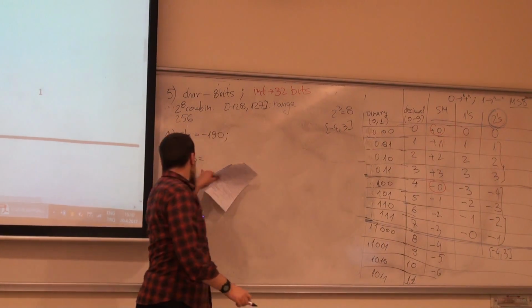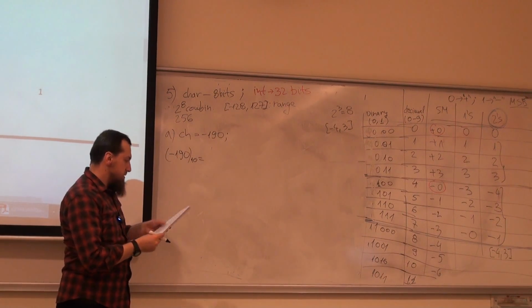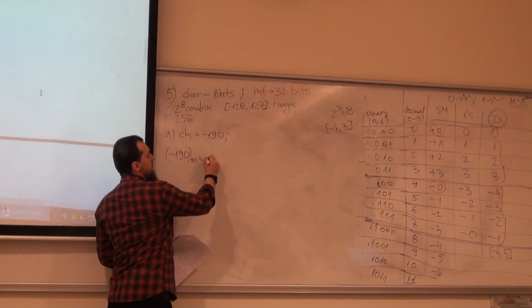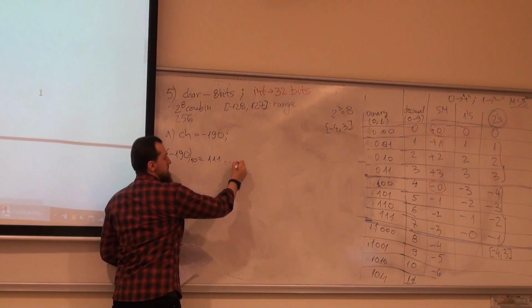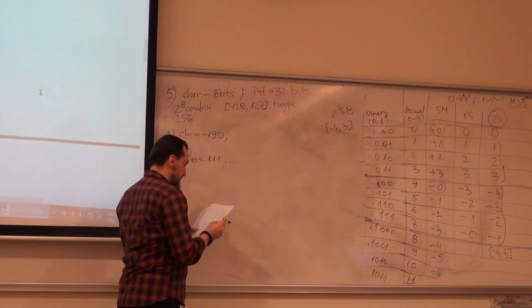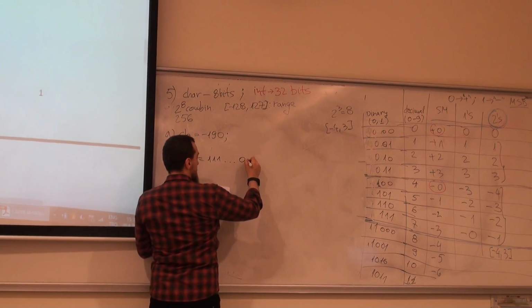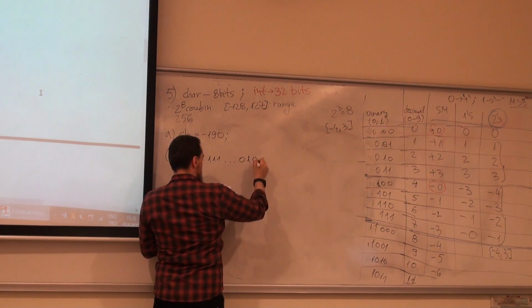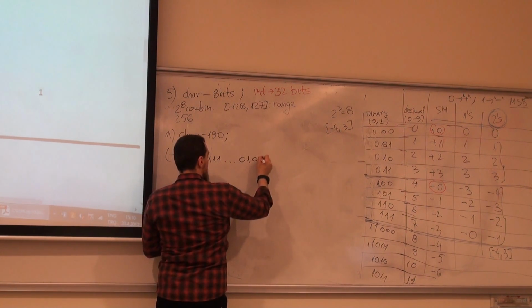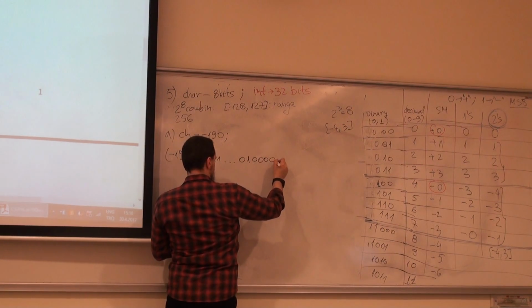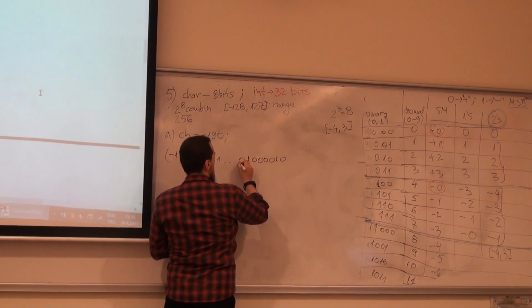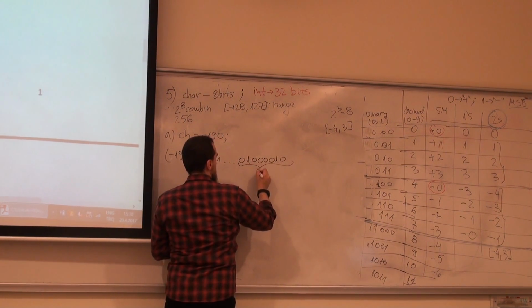So, minus 190 is represented in this manner. This is negative, that means I have a lot of ones. Then I have, for the last 8 bits, 0, 1, 0, 0, 0, 1, 0. Those are the last 8 bits.